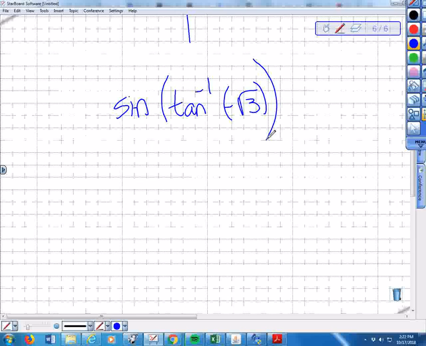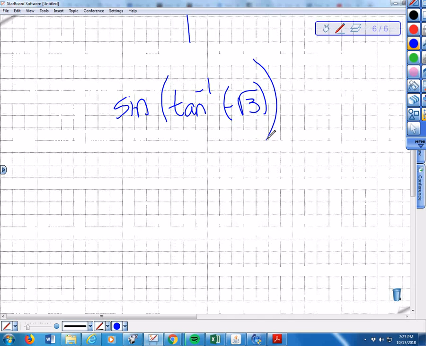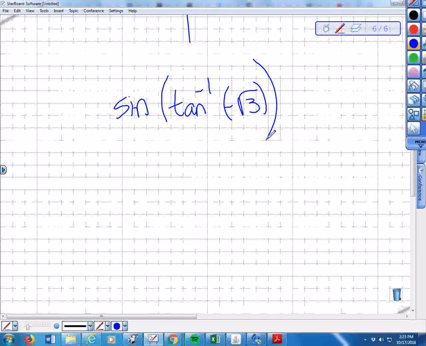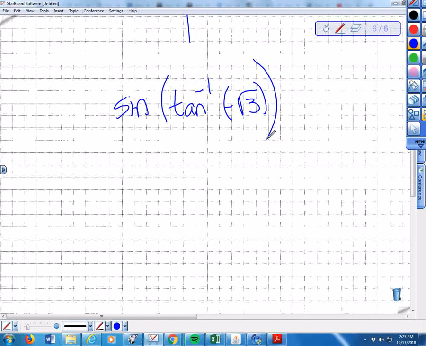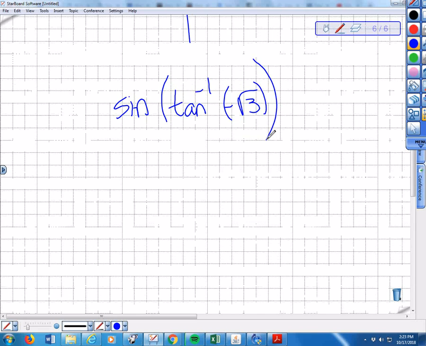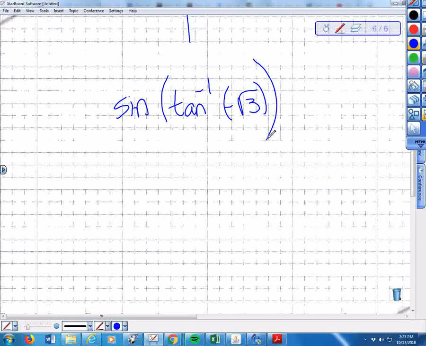Where's tangent restricted? Yeah, negative pi over 2 to pi over 2. Because that's where the asymptotes are. Where is it negative then? 4.